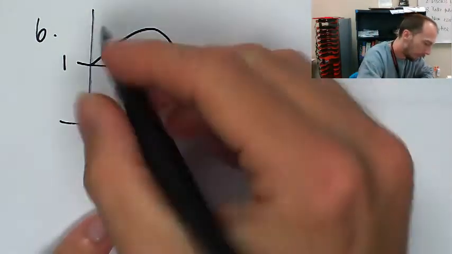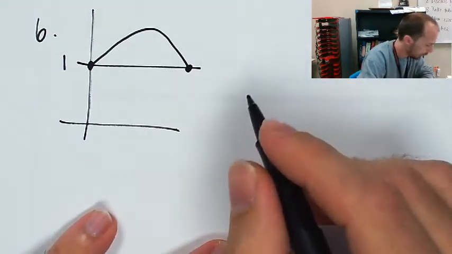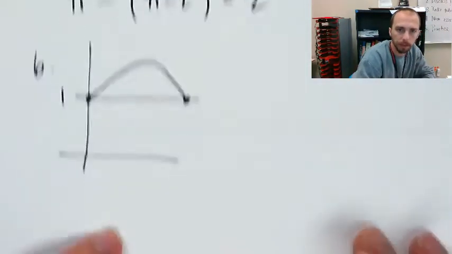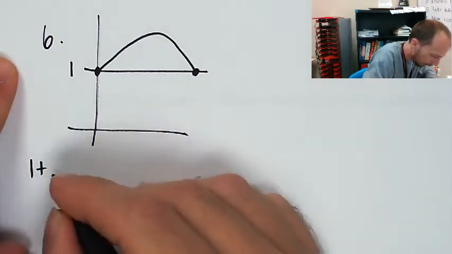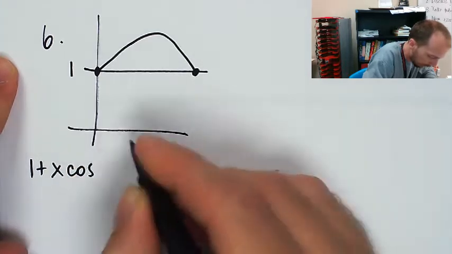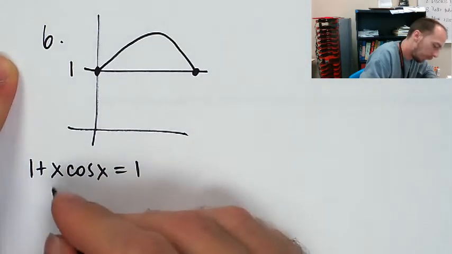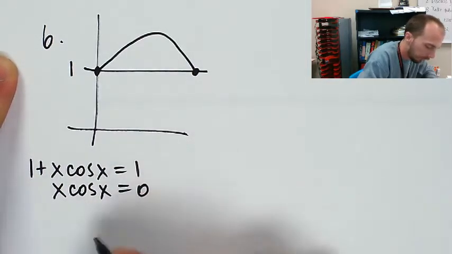Okay. So I know that this first intersection is happening at x equals 0, and the second one is going to be where the two things are equal to each other. So where 1 plus x cosine x is equal to 1. And so that's where x times cosine x is equal to 0.